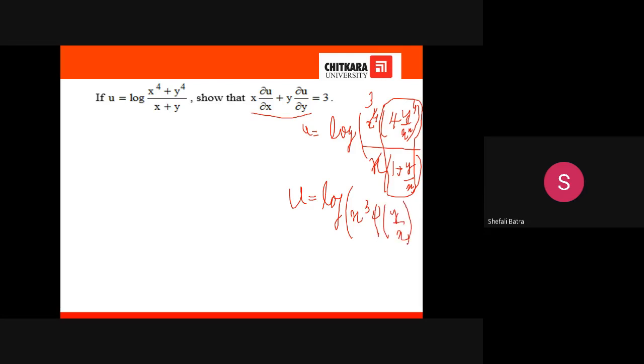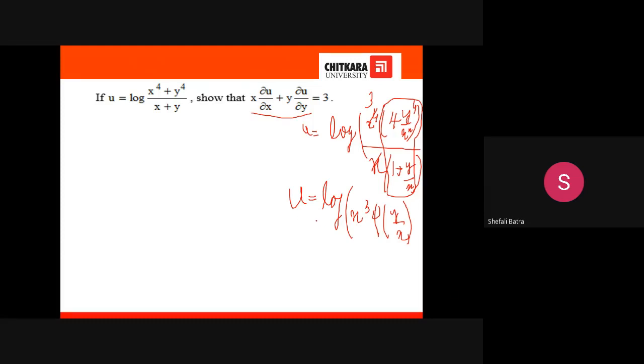Can I say that u is a homogeneous function? Is u in the required format as per the definition of a homogeneous function? Yes or no? No, beta, it's not.